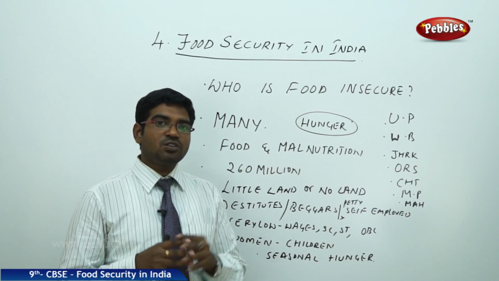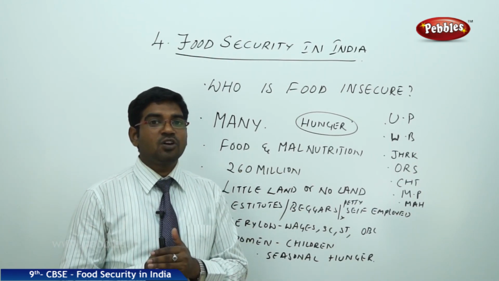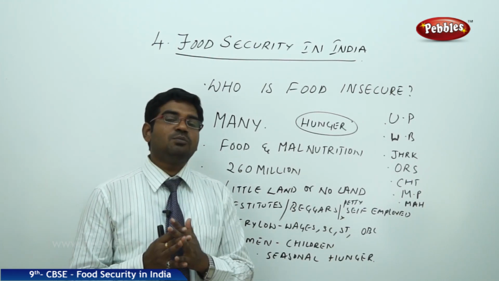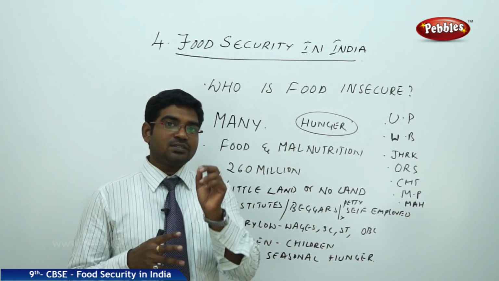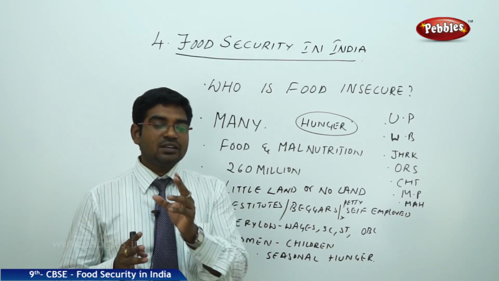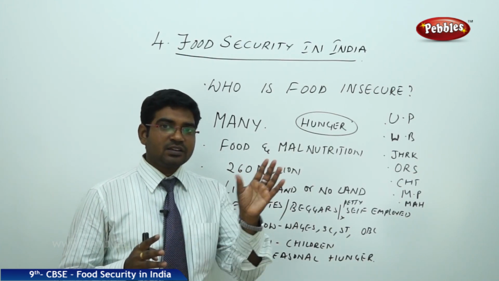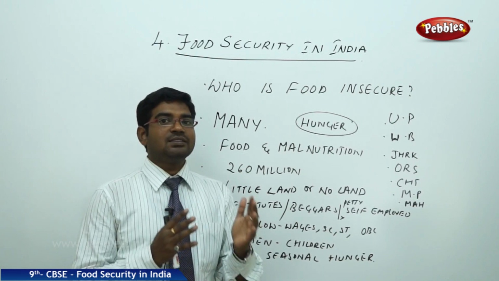Now moving on to understand why we are more affected by hunger: the field on which most of the population in India depends is agriculture. In India, we have a seasonal cropping pattern, like the Kharif season, Rabi season, and the Zaid season.